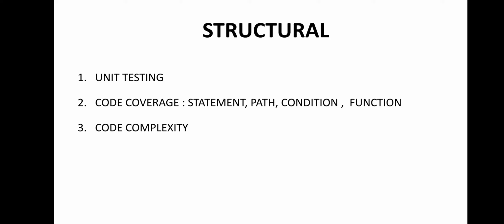Basically, condition coverage is defined by a formula: total decisions exercised divided by total number of decisions in a program, then multiplied by 100. I repeat, total decisions exercised divided by total number of decisions in a program, and the result is to be multiplied by 100. That will give you the condition coverage.